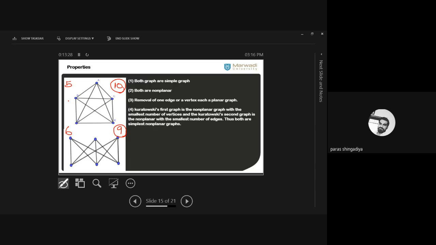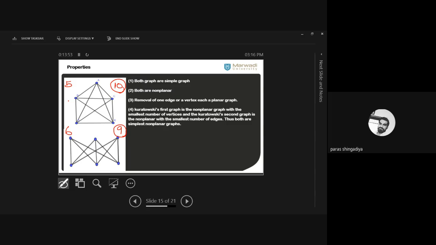K5 is the non-planar graph with the smallest number of vertices. Why? In K3,3, how many vertices do we have? 6. In K5, we have 5. Compare the vertices, which is the smallest? 5. So K5 has the smallest number of vertices among non-planar graphs.